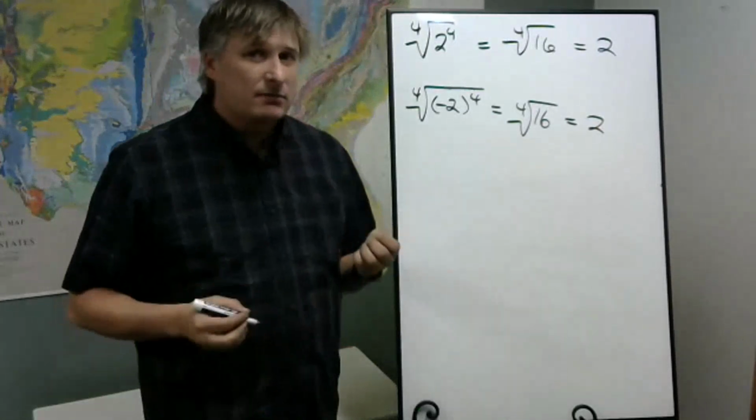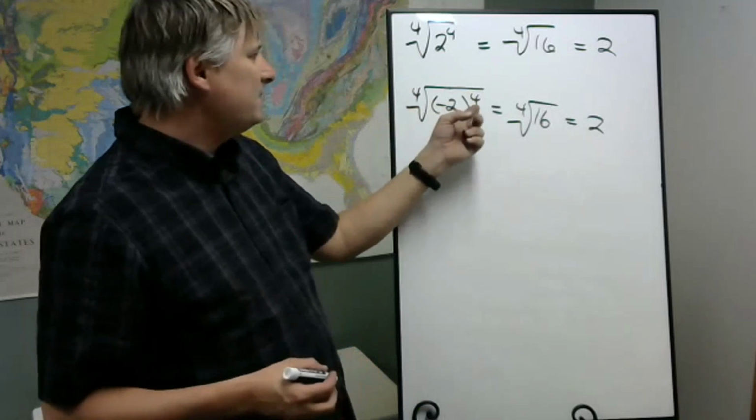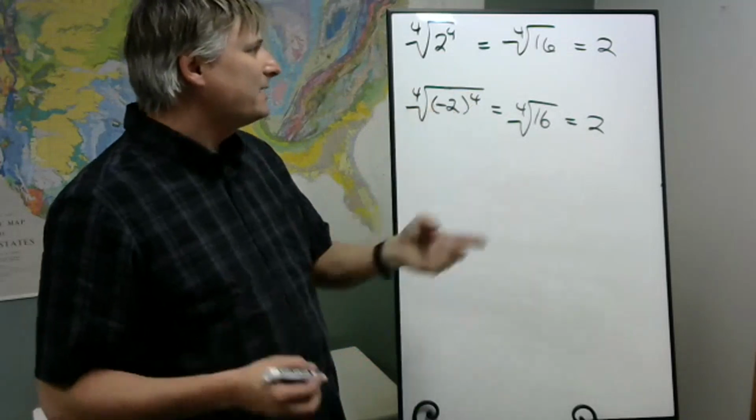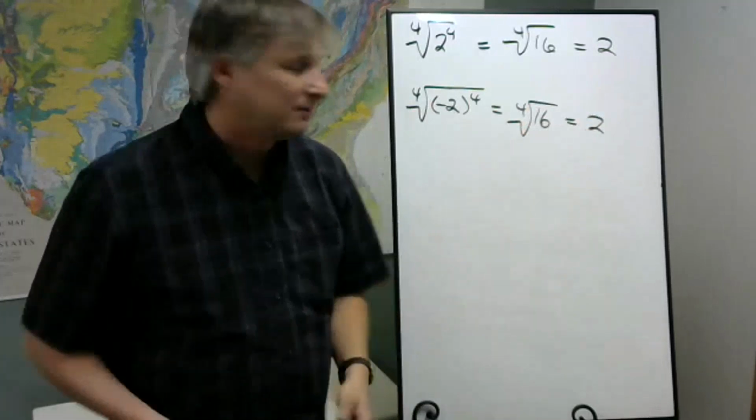So when you have an even root, and we have the even exponent, it takes an absolute value. You'll get the positive version back.